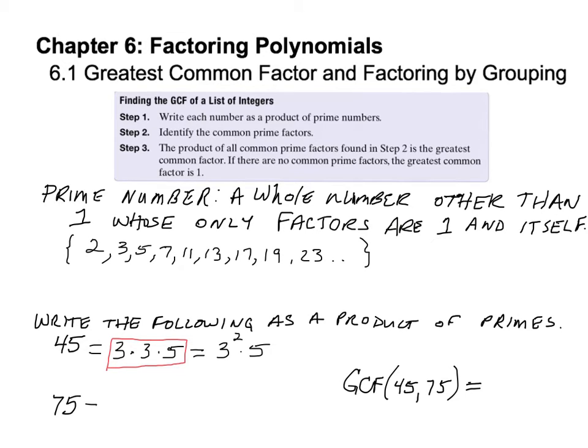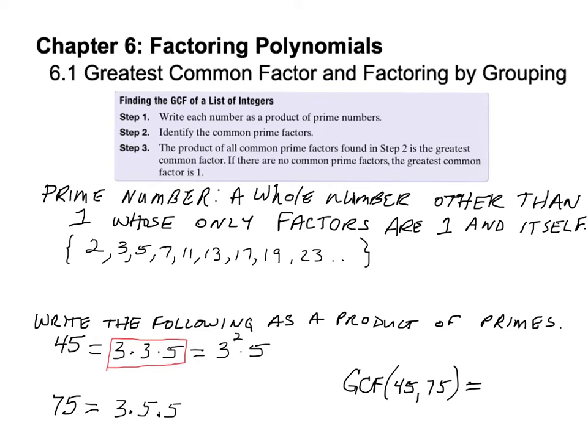Now do the same thing for 75. Okay, think of the smallest prime number which divides into 75. Well, that's 3. 3 times what is 75? So 3 times 25. But is 25 prime? No, 25 can be broken up into 5 times 5.